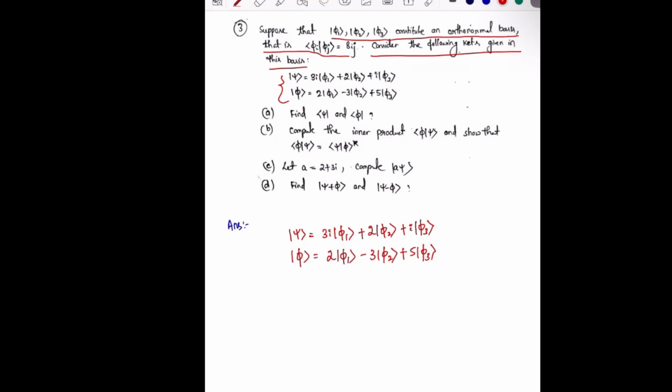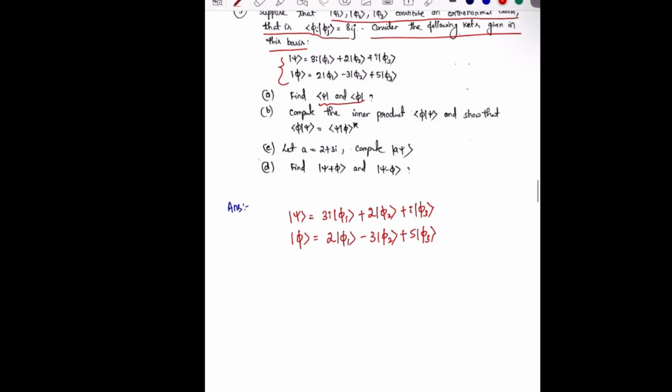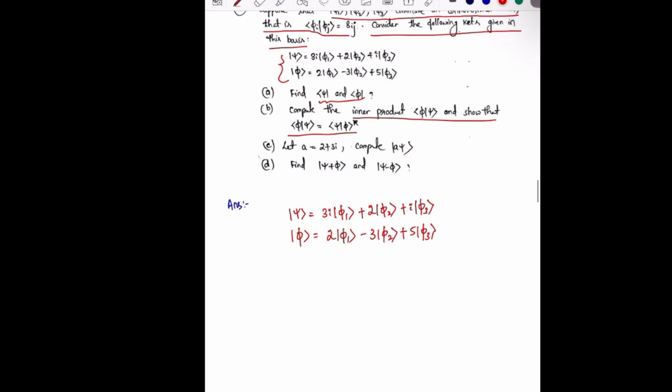Then it is asking what will be the expression for the bra vectors of psi and phi, and what will be the inner product of psi and phi, so that this property is satisfied. And the other one is asking what will be the expression for this state. The last one is this.